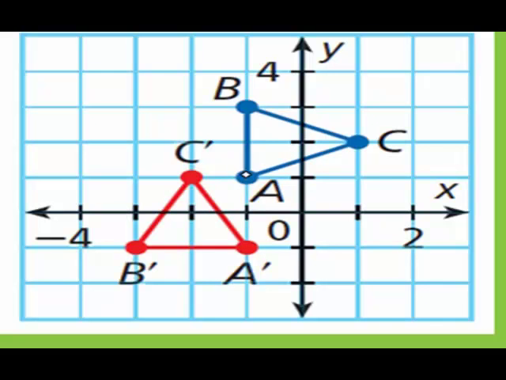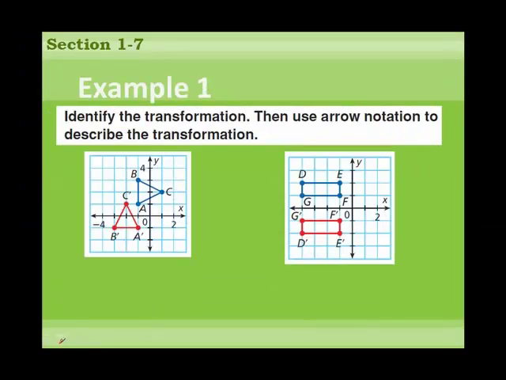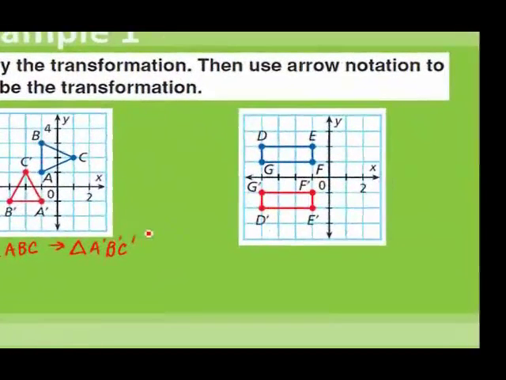Because side AB is here, and its image, A prime, B prime is here, you couldn't have gotten that any other way than to rotate it down. So we would then just say that triangle ABC maps onto its image, triangle A prime, B prime, C prime.